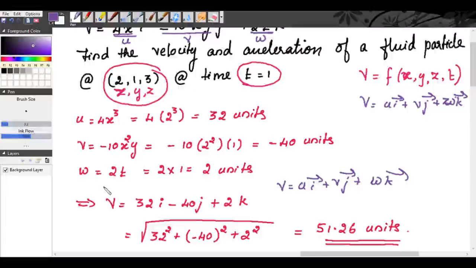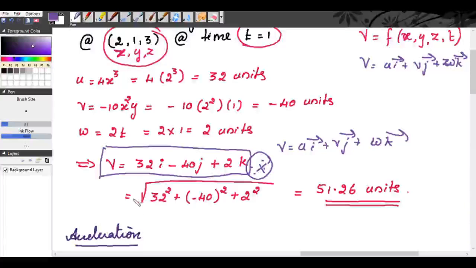Okay, so this is important. Your velocity vector is very important. After this, we will find the magnitude. So, magnitude is equal to square root of 32² plus (−40)² plus 2². We get it as 51.26 units.